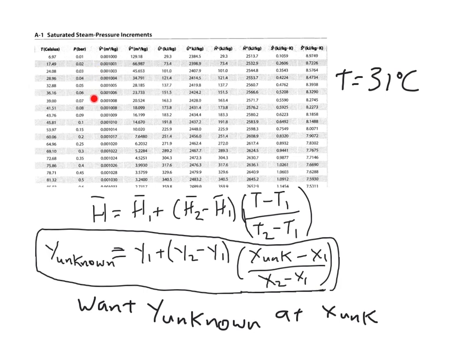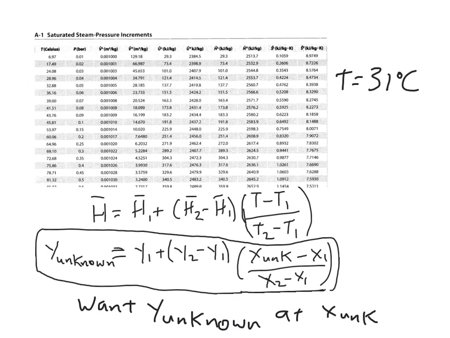We have these various pressures, like here's 0.2, here's 0.25. I might want the enthalpy at a pressure of 0.23, which isn't on the table. It's somewhere in between these two values. In this case, the x's would actually be the pressures, and the y's would be the enthalpy I'm trying to find, whether it's the enthalpy of the liquid, vapor, or whatnot.